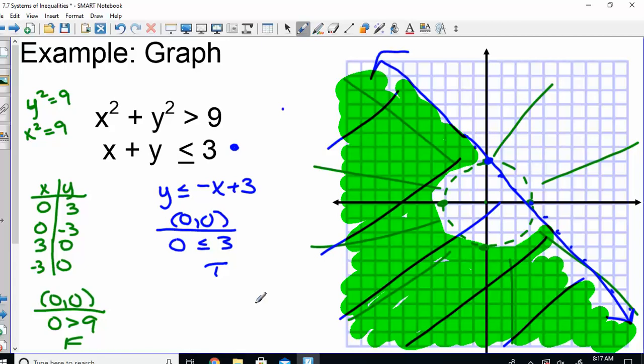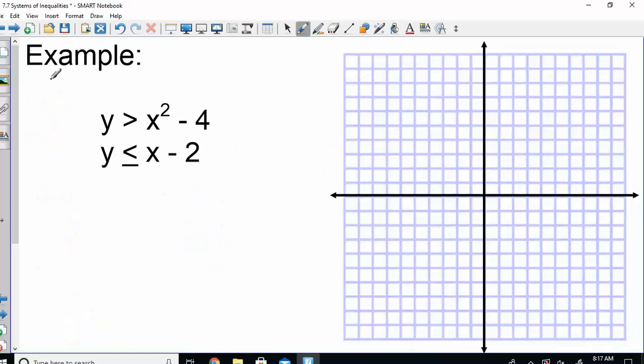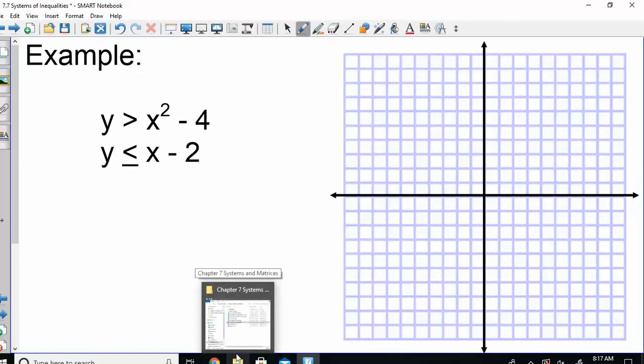Any questions on that? So one more nonlinear one. What's the first one, the equation of a parabola?